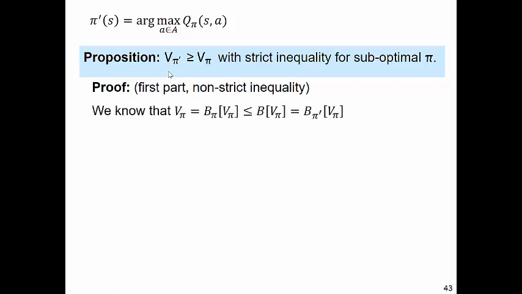So what do we know? We're going to write down v pi, and then we're going to say it's equal to this. We've already talked about this property here. And that's going to be less than or equal to a Bellman backup applied to v pi. Now, why is that? Why do we have this inequality here? Why do we know this is true?